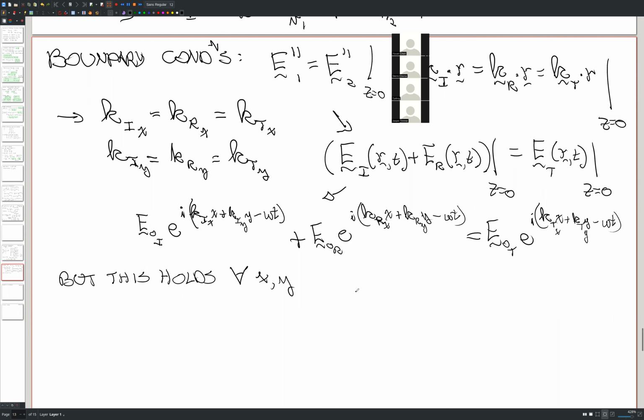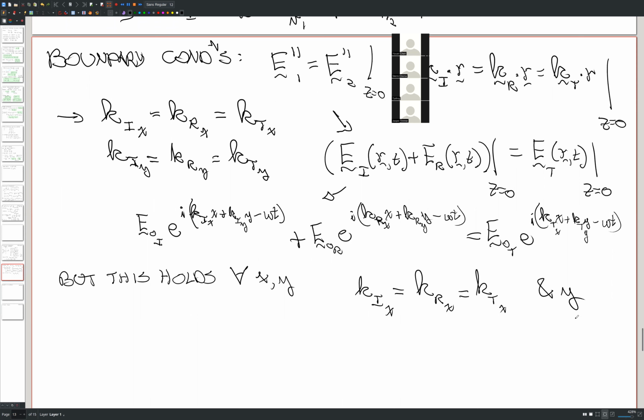And therefore, k incident x has to be equal to k reflected x, which has to be equal to k transmitted x. And the same thing for y.